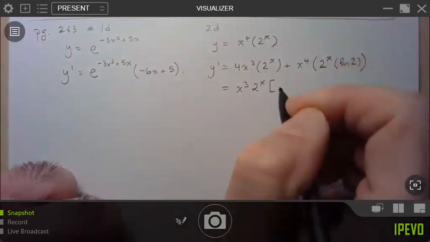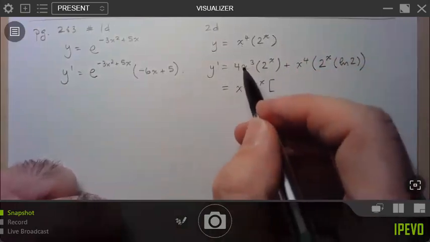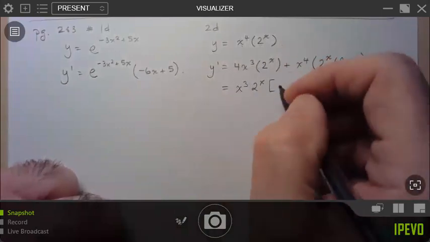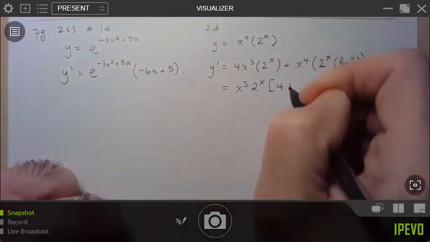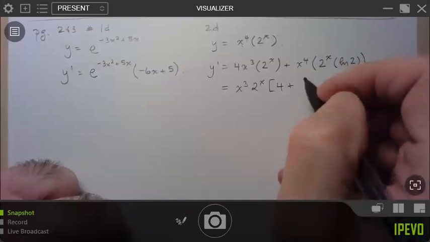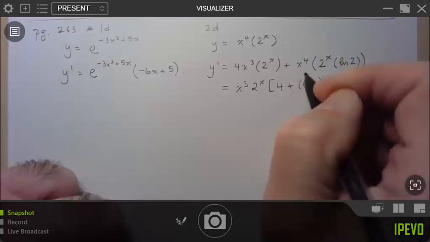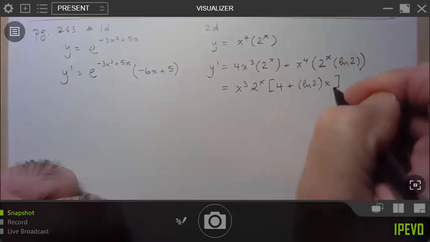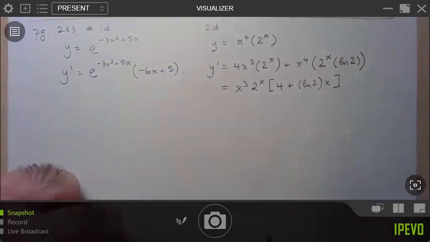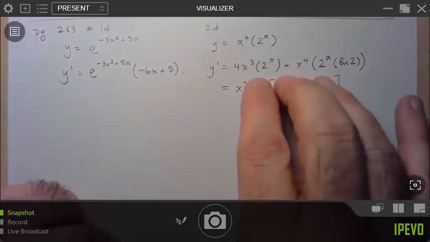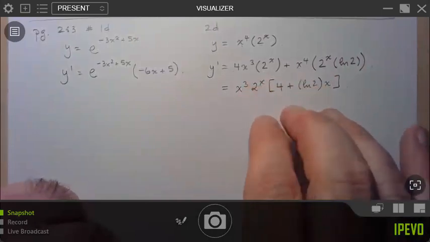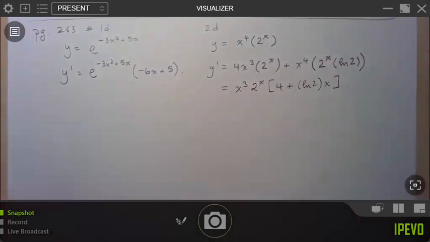What you're left with is pretty straightforward: the 4, plus ln 2 is still there, and then you have one of those factors of x, and there you go. This is one where I could ask you to say don't simplify, or I could say simplify. You could expect either one.